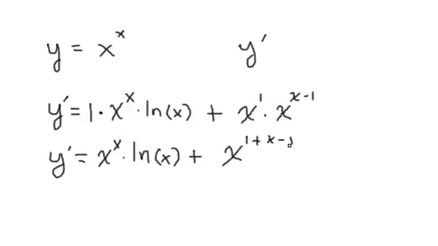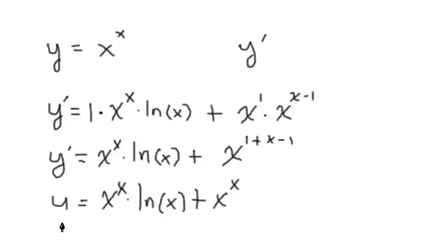Okay, so 1 minus 1 is 0, so this just becomes x raised to the x. And of course, I'll rewrite the rest of it here. The natural log of x is equal to y prime.